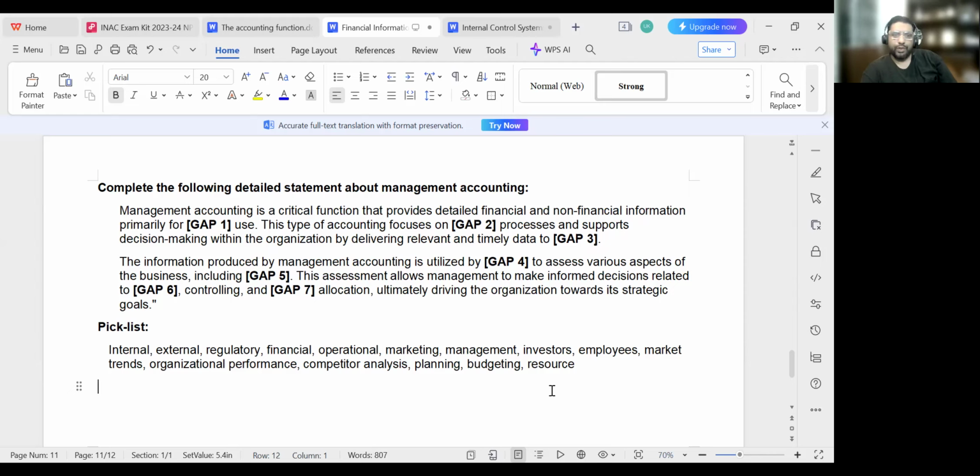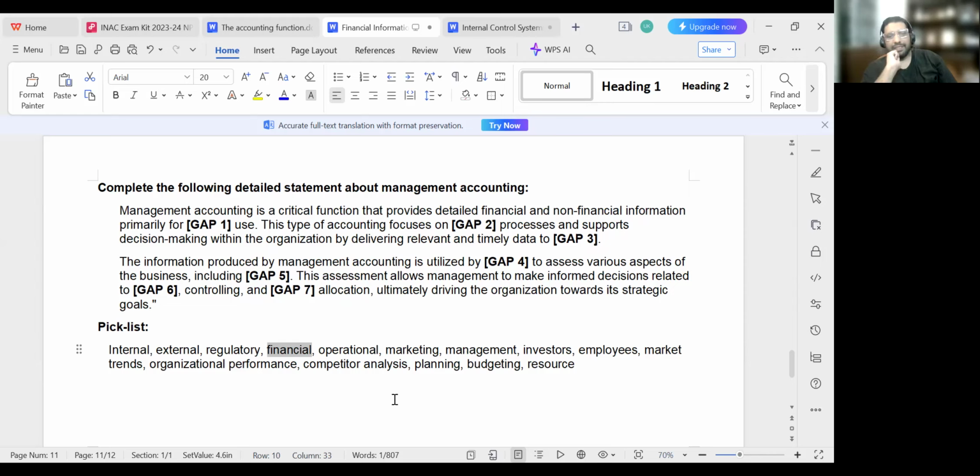Okay, so for two, the better answer would be financial. The first answer is correct. The management accounting is a critical function that provides detailed financial and non-financial information primarily for management or internal use. This type of accounting focuses on financial processes because it is working with the numbers, right?